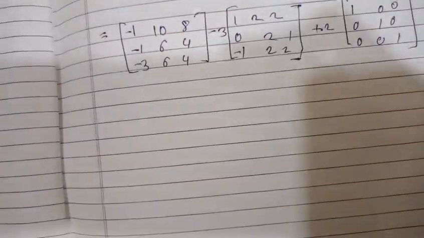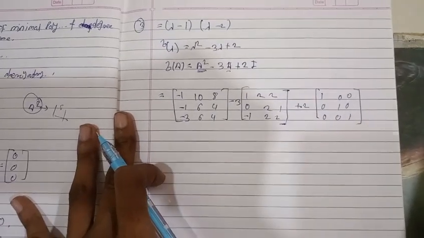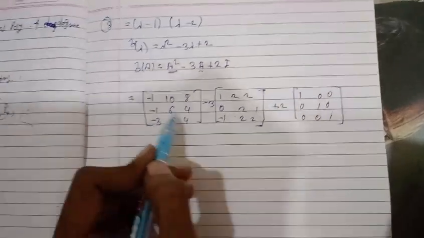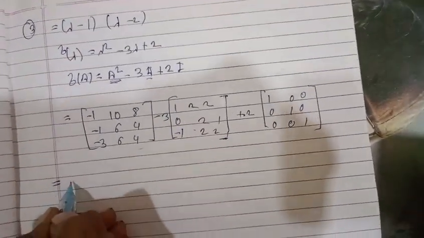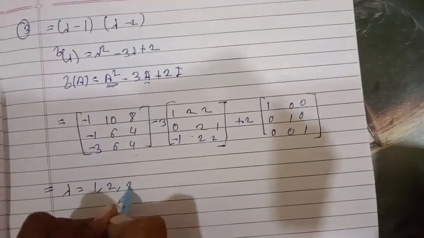Next go to that equation, the next step is to continue for the equation, but it's not properly solved. Firstly, in another form, lambda is equal to 1 2 2, it's given.